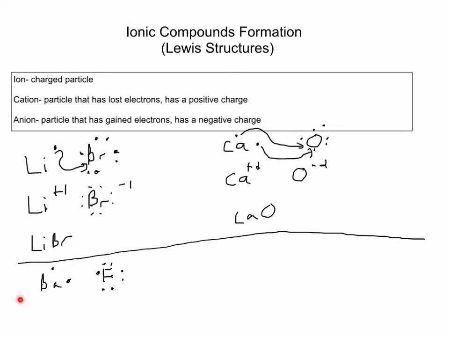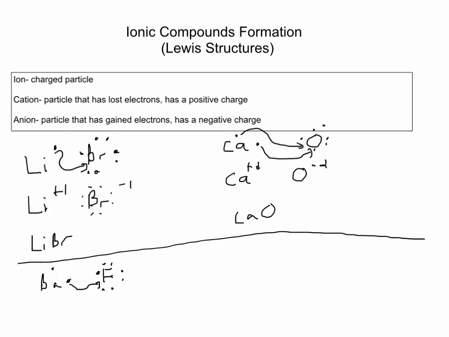So we have a metal which wants to lose electrons. We have a nonmetal which wants to gain electrons. So barium is going to give an electron over to fluorine. And if we notice, well, now fluorine has 8 electrons. Its octet is complete. It can't gain any more. But barium still has this other electron that has to be given away for it to become stable.